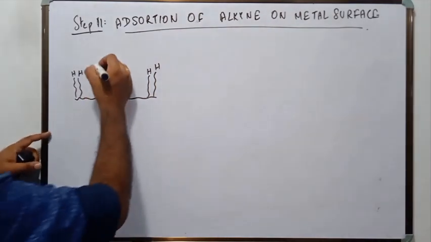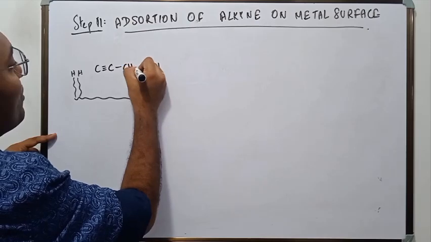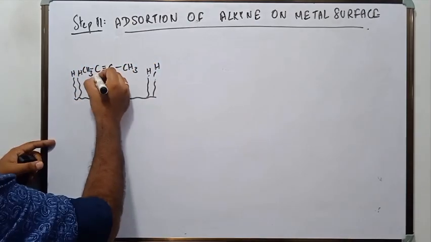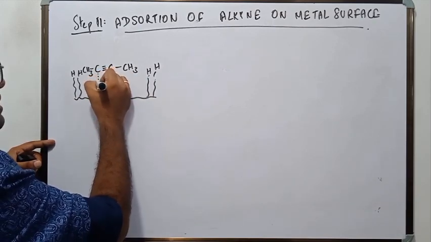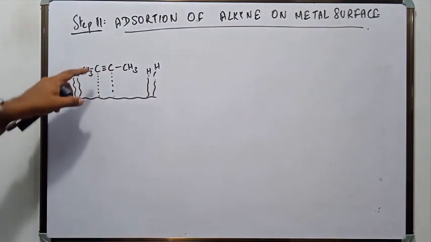Now as we know, our alkyne is also a very good source of electron. So palladium will have a natural attraction to take the electron of alkyne, correct? Because alkyne is also rich in electron.